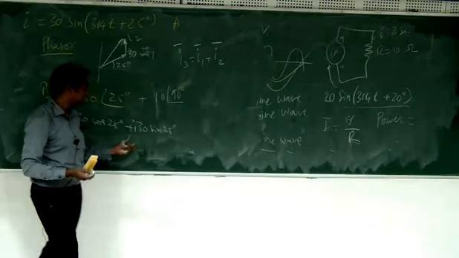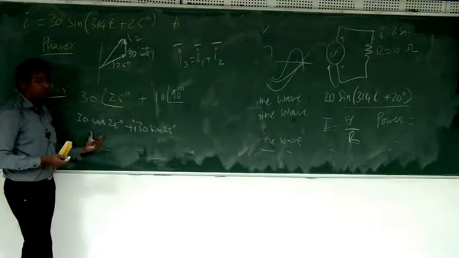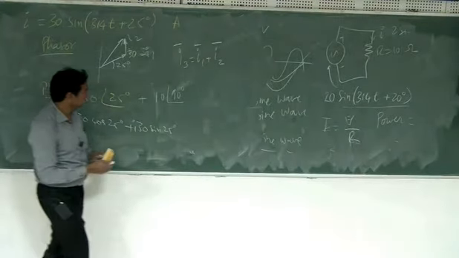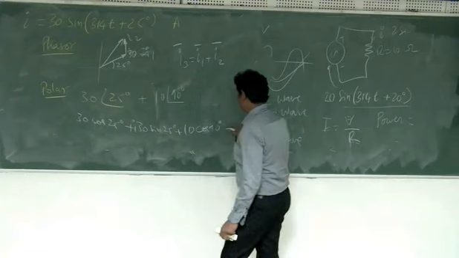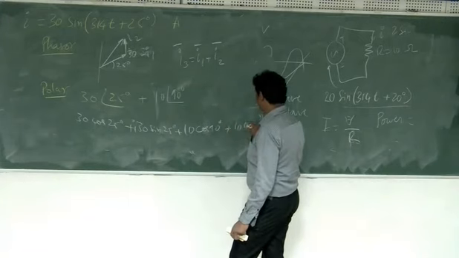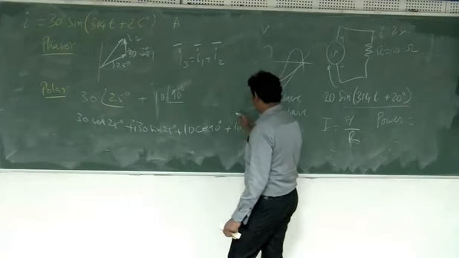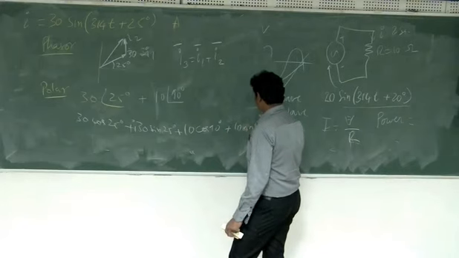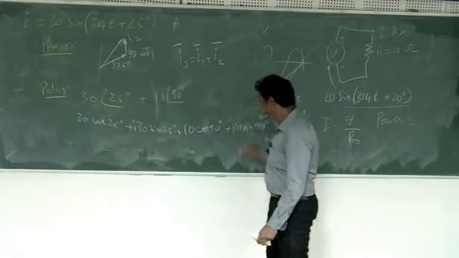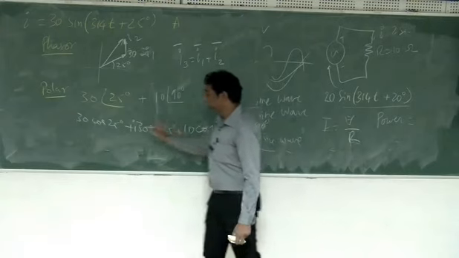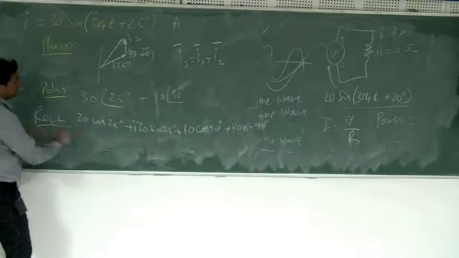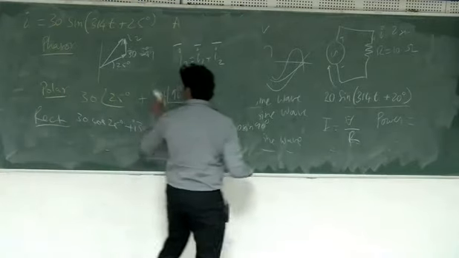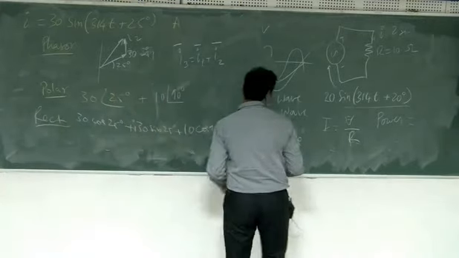Just to highlight that this is vertical, this is horizontal, I am putting j. Plus 10 cos 90 plus 10 sin 90, so here I will put j again. Now this one you will add, this one you will add. So basically this is rectangular form of representation. So polar, rectangular, these are the forms. There are other forms too.